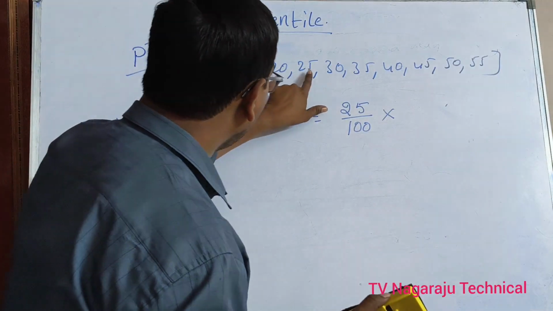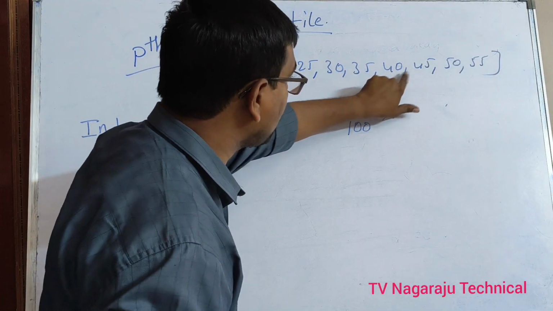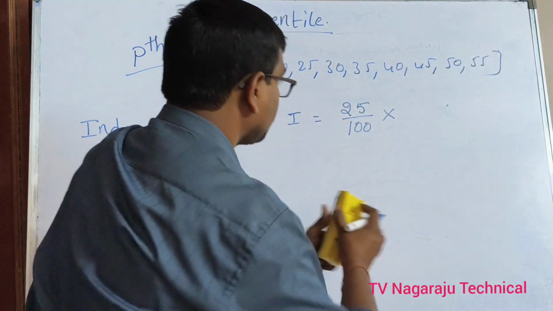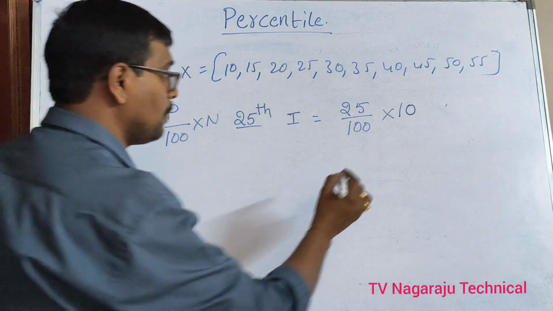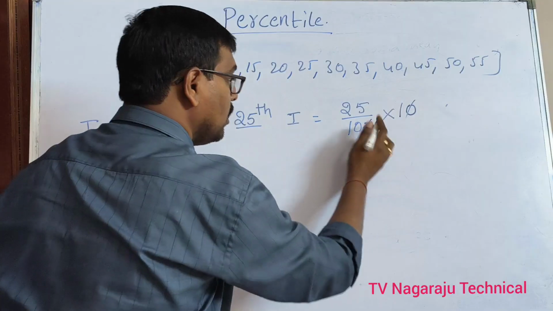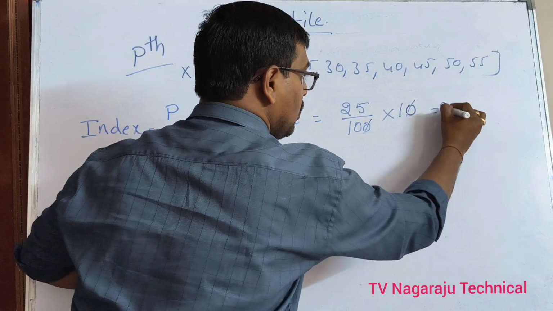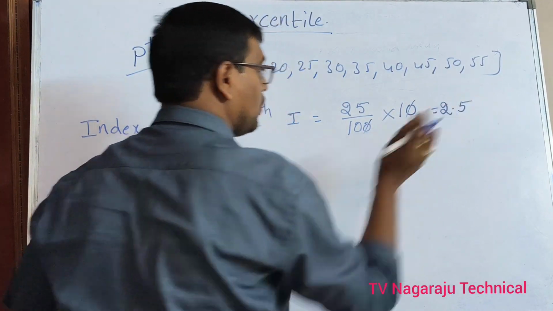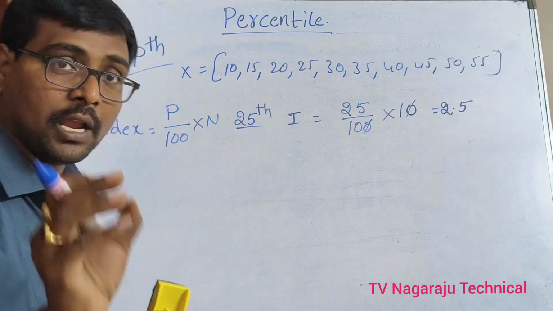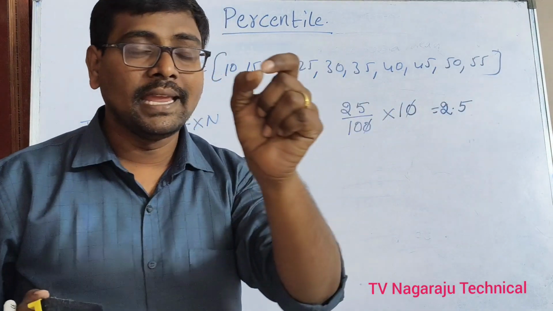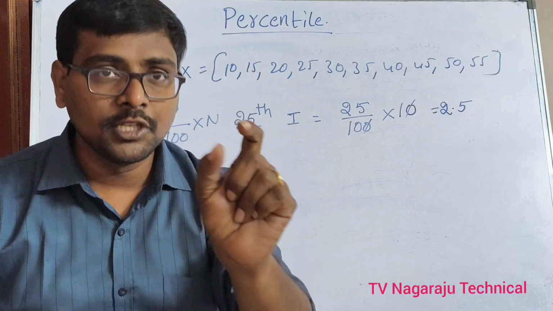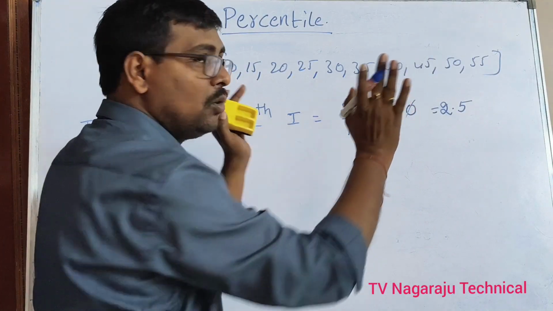Counting 1, 2, 3, 4, 5, 6, 7, 8, 9, 10, the number of elements is 10. So the value is 2.5.